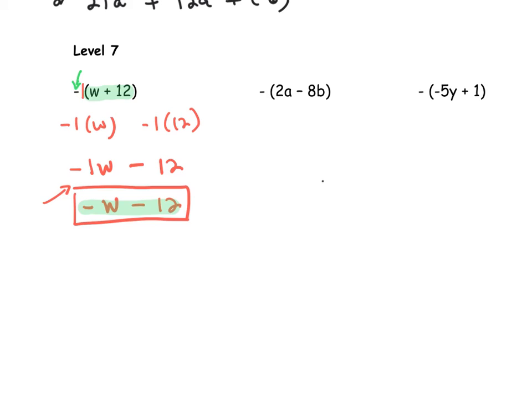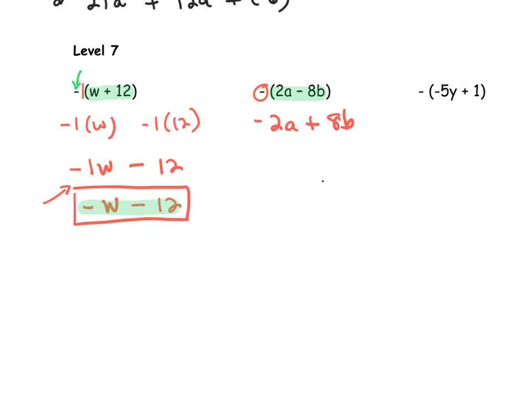So if we use that thought, that this negative outside the parentheses makes everything into its opposite, well, inside this parentheses, we have a positive 2a and a minus 8b. So now I'm going to write that as a negative 2a and a plus or positive 8b. So this is all the opposite.